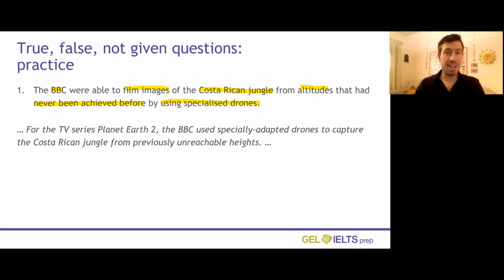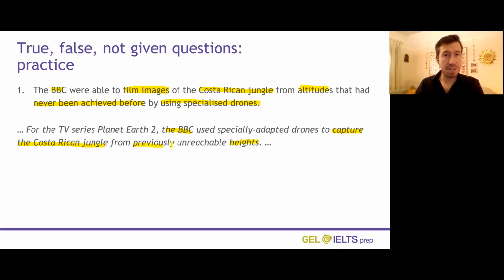Okay, let's check this together then. Well, we're going to go through from the start. So we've got the BBC here. Okay, so it says for the TV series Planet Earth 2, the BBC. Okay, perfect. We've got that in there. Then we've got film images. So use specially adapted drones to capture is the same as film images. Okay, good. Of the Costa Rican jungle. Okay, capture the Costa Rican jungle. So that's the same here. From altitudes, okay, we've got heights and altitudes is the same meaning, that had never been achieved before.